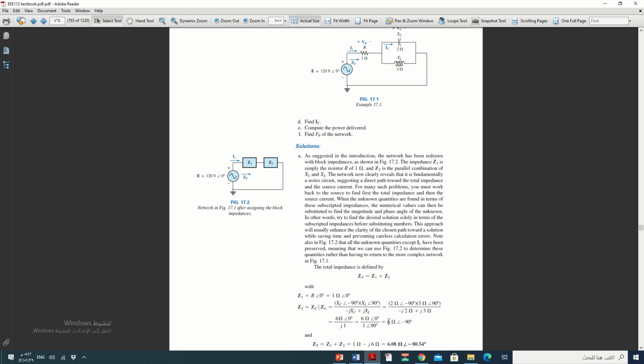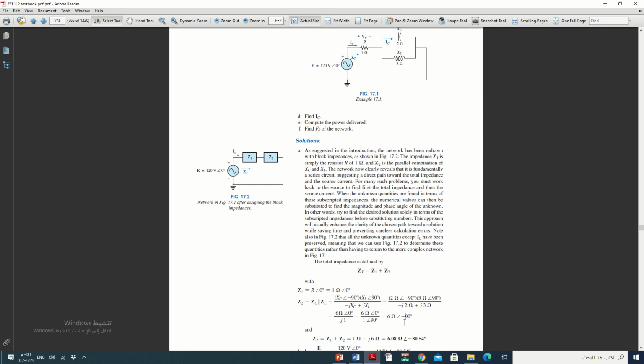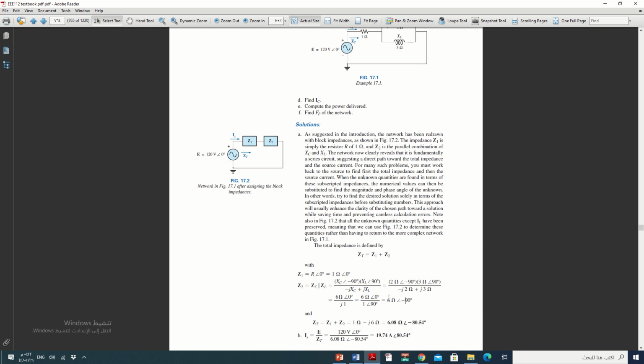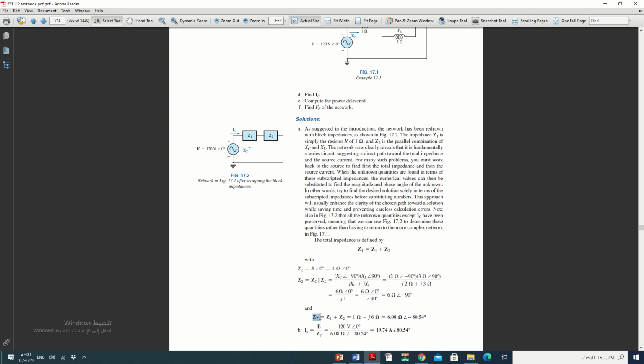You will find the final answer is 6 with angle minus 90. The summation of Z1 and Z2, the total, will be 6.08 ohm with angle minus 80.54. Now we have Z total.